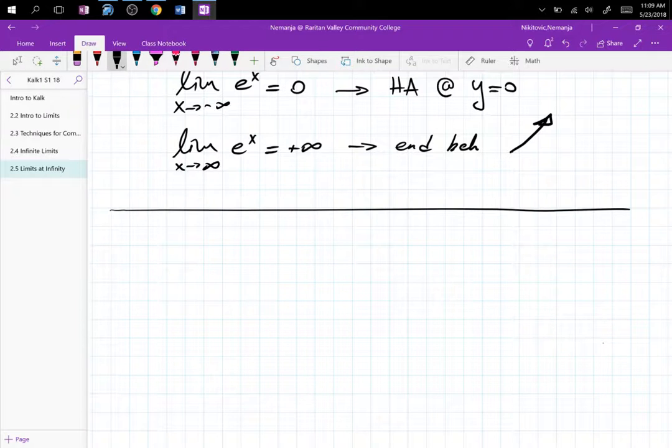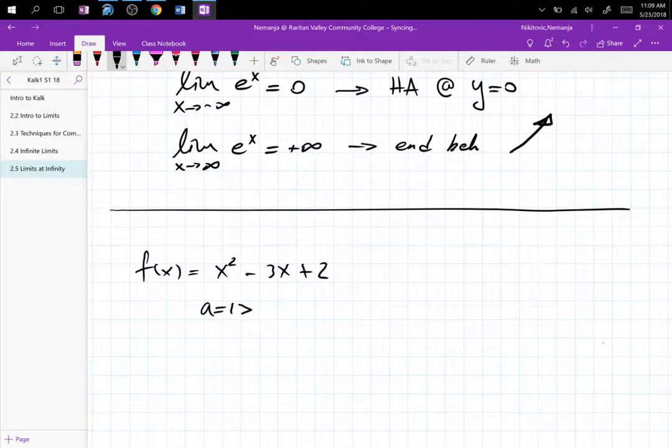For instance, you are asked to graph a polynomial, f of x equals, I don't know, x squared minus 3x plus 2, whatever. You don't really care exactly where this polynomial is. You know that a is equal to 1, which is bigger than 0, so it opens up. And that's good enough. You don't even have to worry about the vertex, because you know that the graph will look like this.